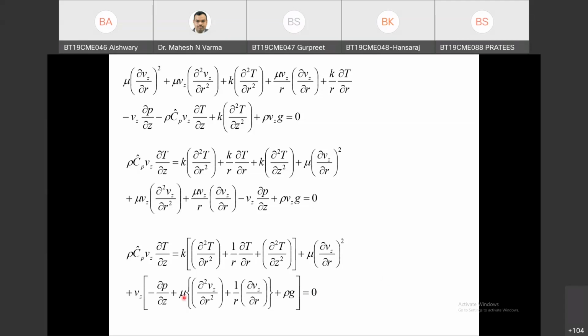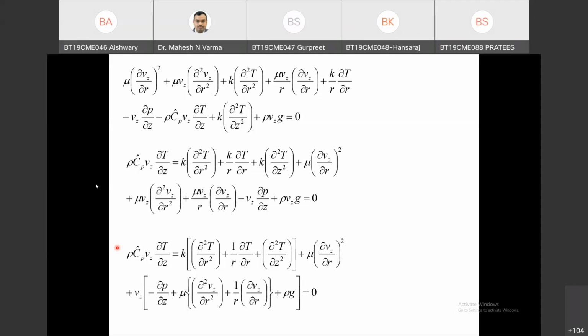So now this equals 0. This equals 0. Can anybody in the class tell me why? This whole bracket equals 0.